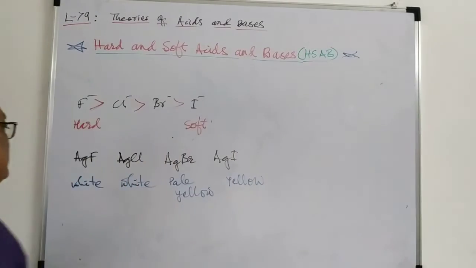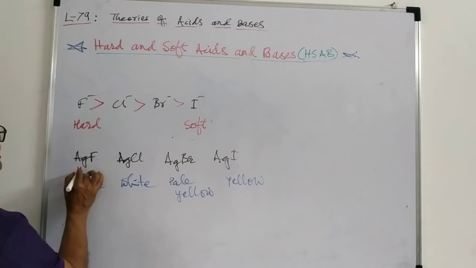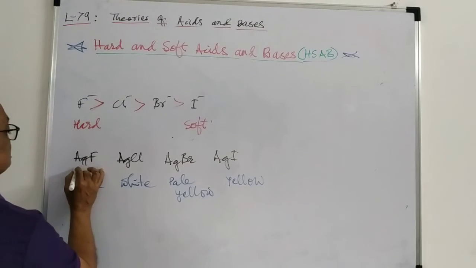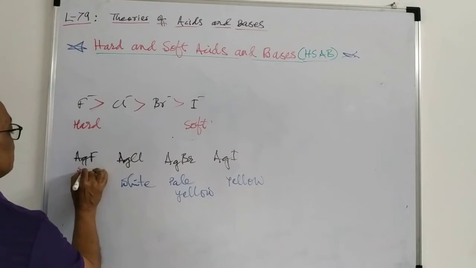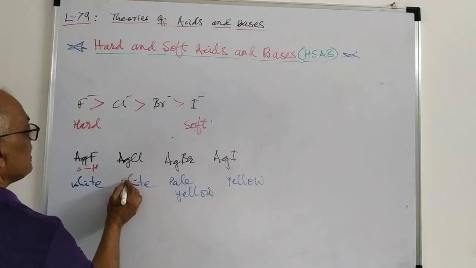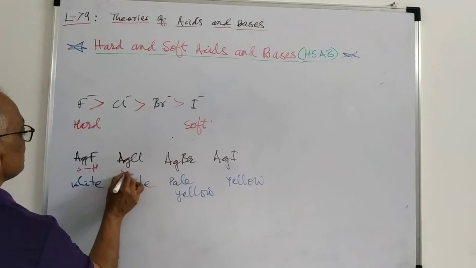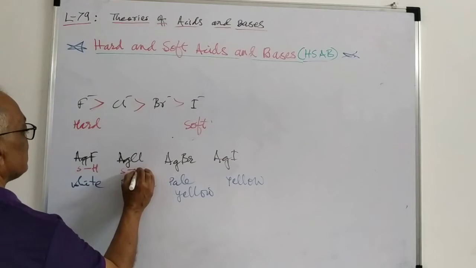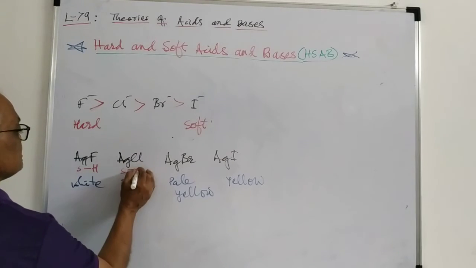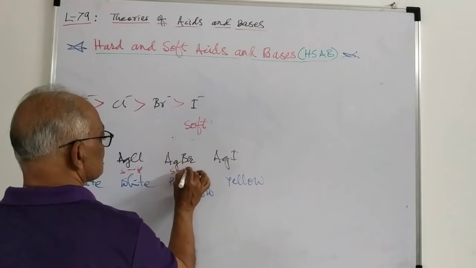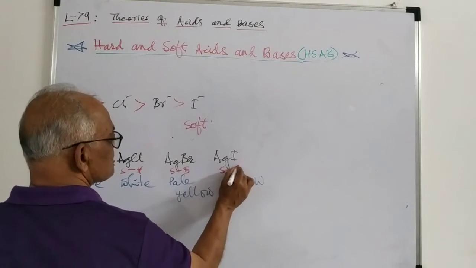So you will find that in AgF, this is a soft Lewis acid and this is a hard Lewis base. Here it is a soft Lewis acid and a relatively hard species, but here it is a soft species.